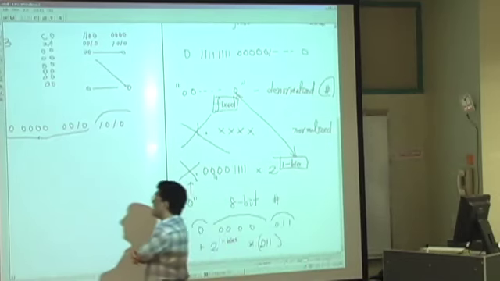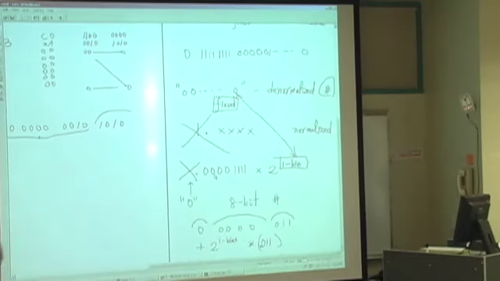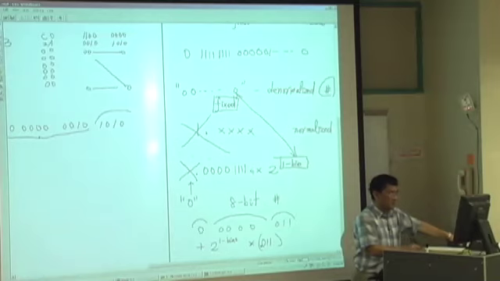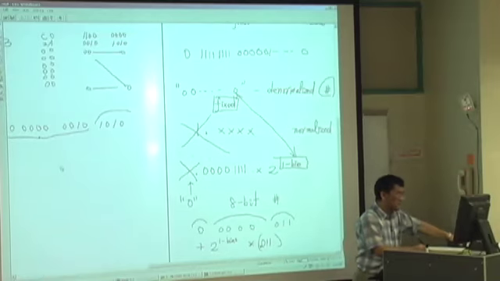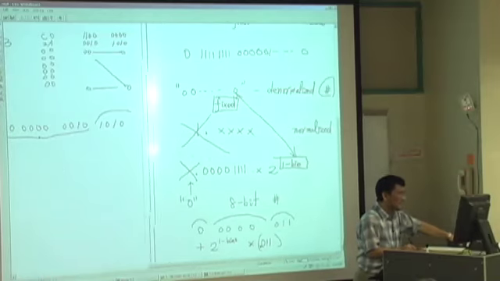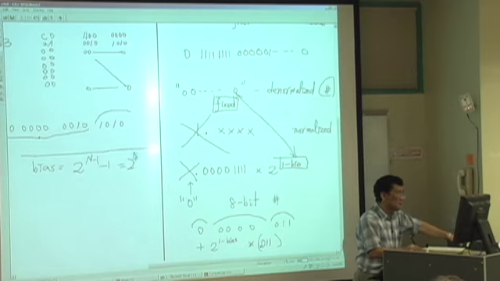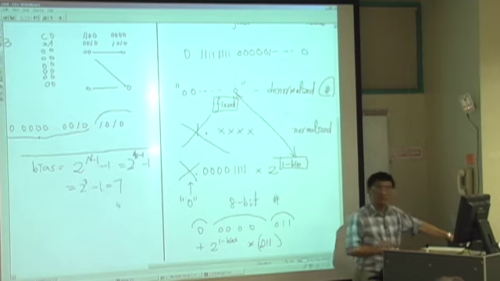So this is the meaning of this number. Please browse it and ask questions. Then what is this number? What is bias first? In this case, what is bias? Bias is always fixed, right? 2 to the power of n minus 1, minus 1. 2 to the power of 4 minus 1, that is 2 to the power of 3, minus 1, which is 7.